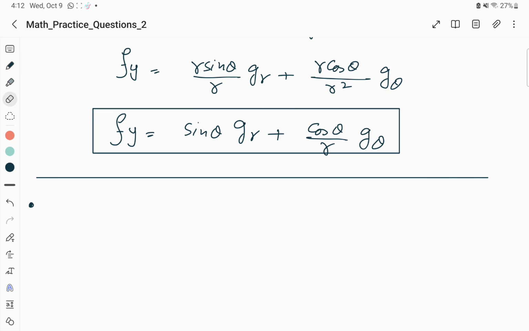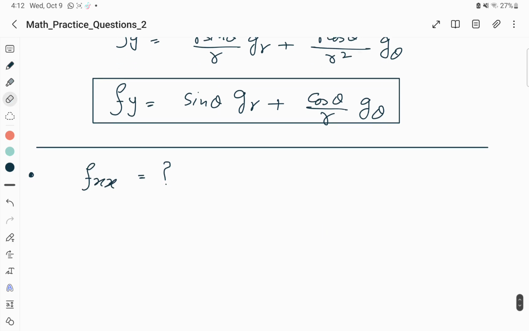Now we look for the second order derivatives. We are looking for fxx. So let's find fxx, which is basically the derivative of fx with respect to x once more.